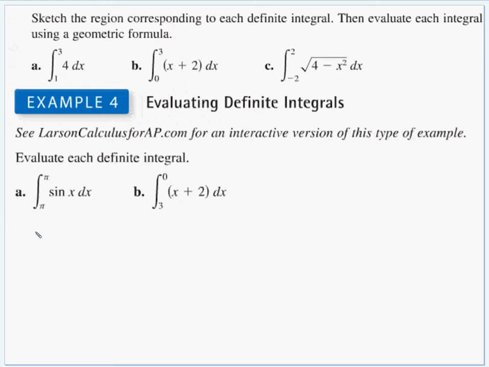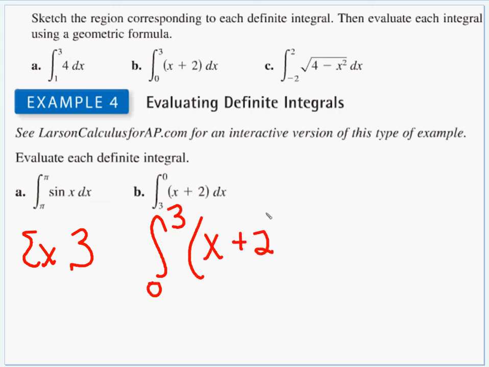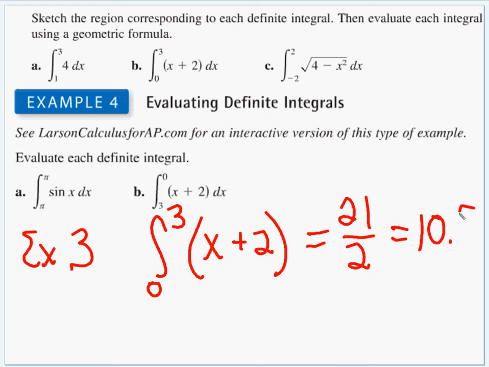So if we look back in example number 3, the integral from 0 to 3 of x plus 2, that was equal to 21 halves, or 10.5. What they're asking us for here in example 4b, I'm circling here in blue, is the same thing, but they've just switched the limits.